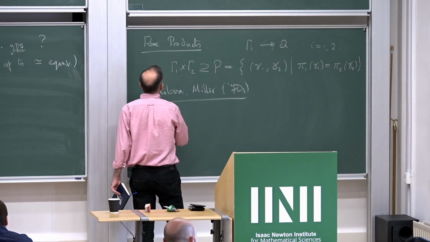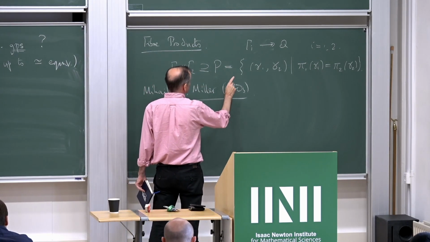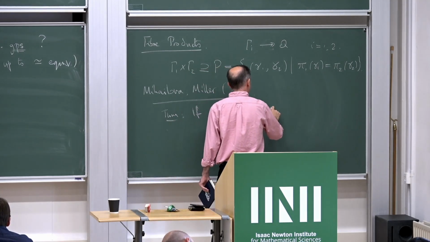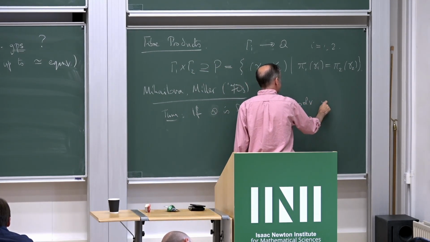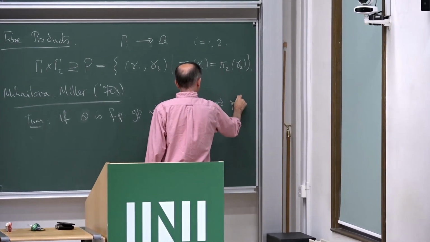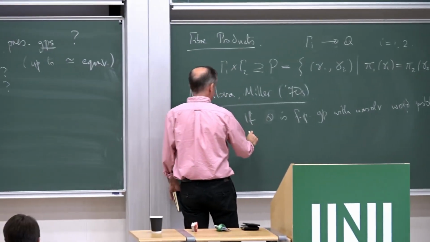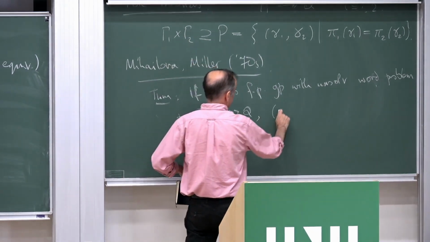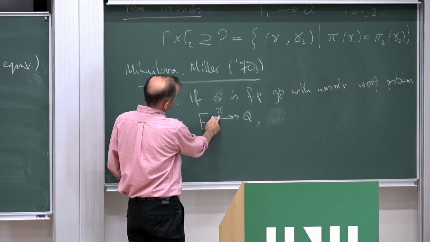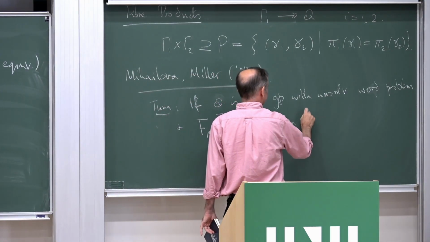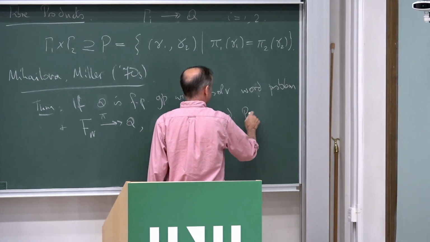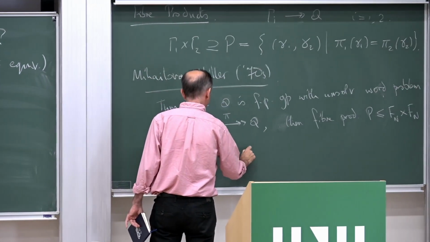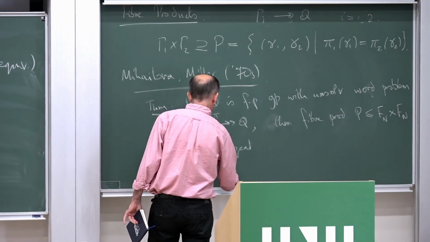is that if Q is a finitely presented group with an unsolvable word problem, and you take the map of a free group onto Q, and take the fiber product of that map with itself, the fiber product P in F cross F is 1, finitely generated, that's easy, and 2, has an unsolvable conjugacy problem.